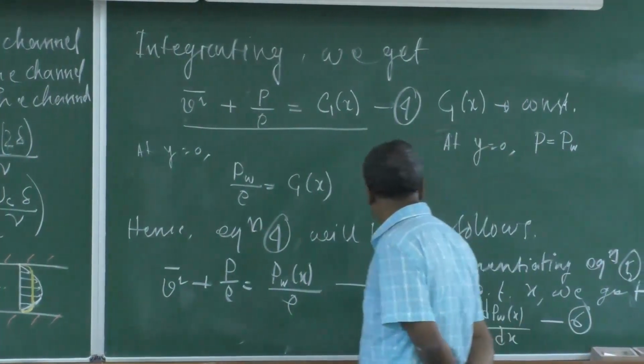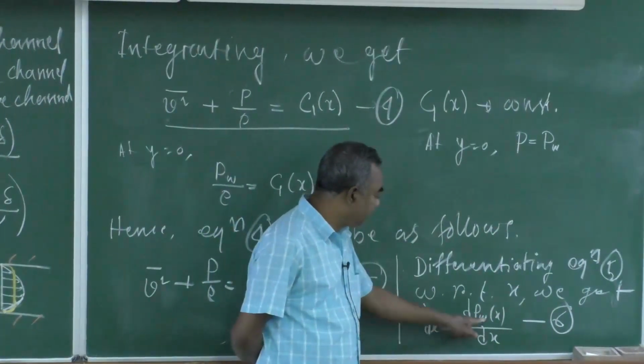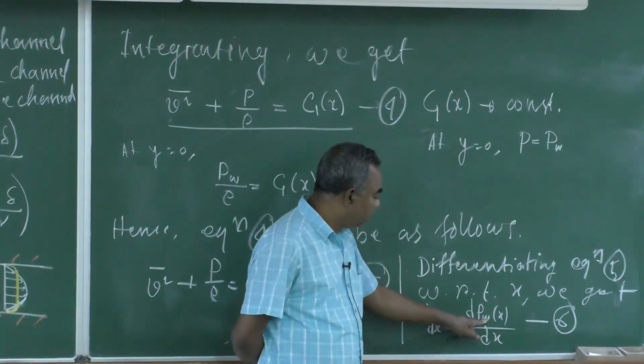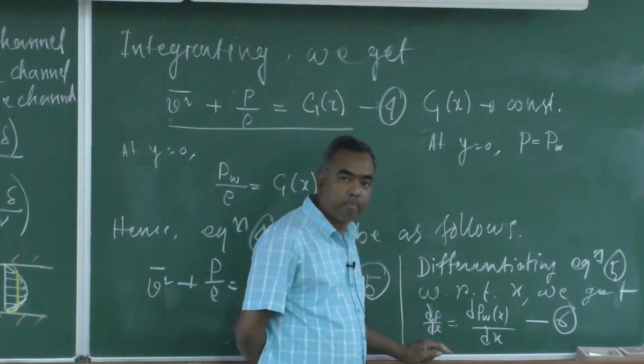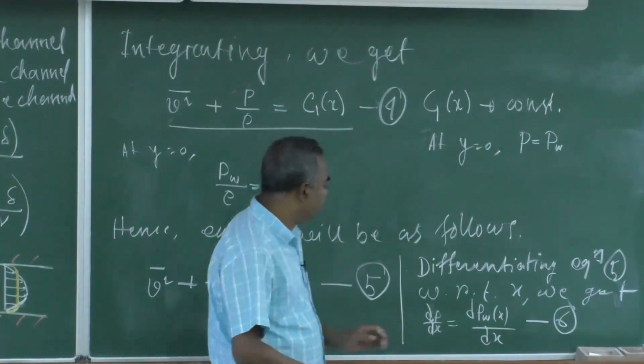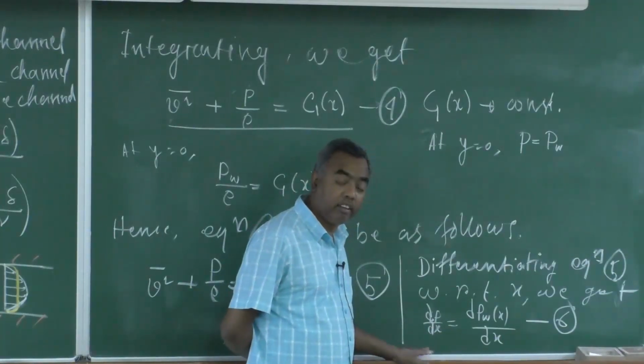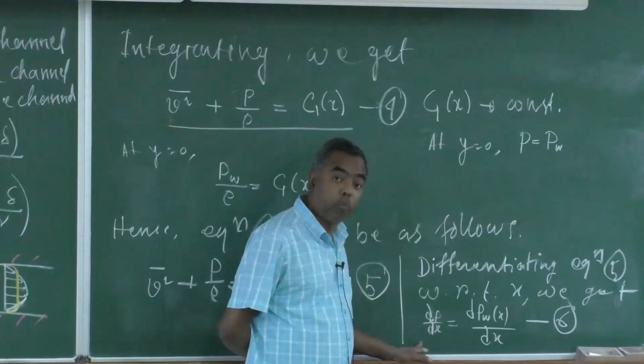So, equation 6 shows that ∂p/∂x is equal to dPw/dx. So, what does it say? It also says another important thing, that ∂p/∂x does not vary with y.